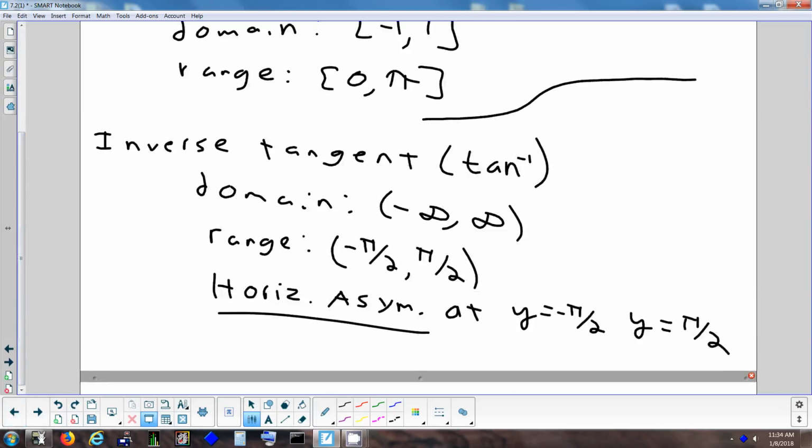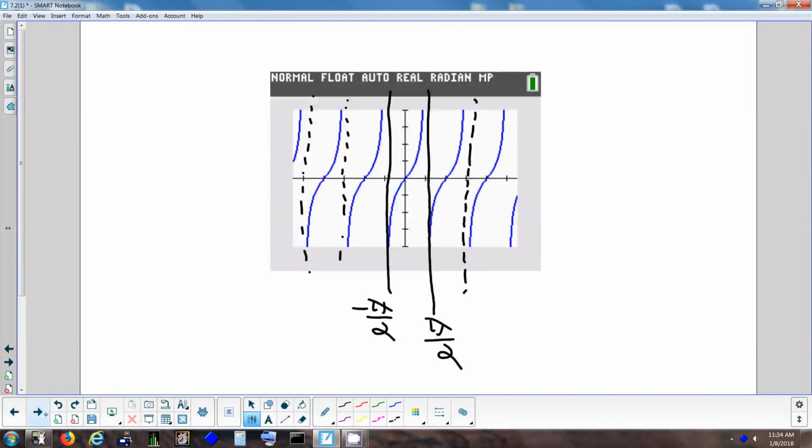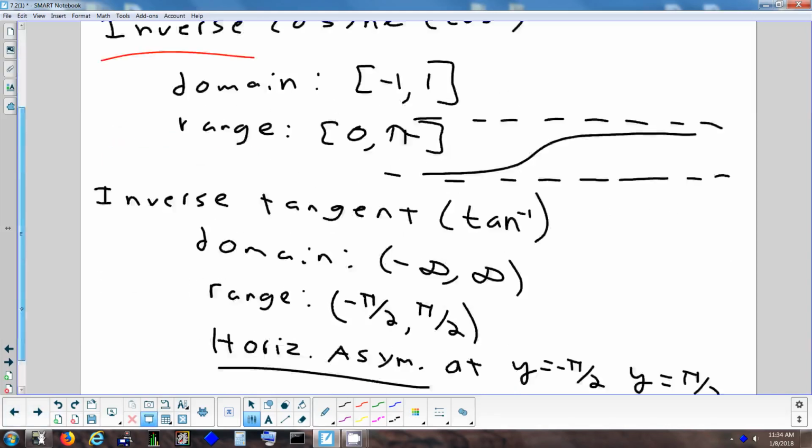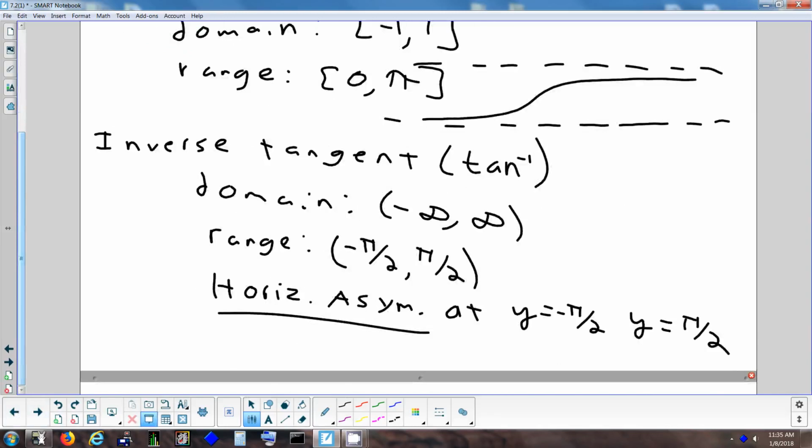Instead of going up and down forever, it goes left and right forever. And instead of being trapped between two vertical dotted lines, it's trapped between two horizontal dotted lines. That's kind of what it looks like. Okay, so that's the big idea with inverses. The domain becomes the range becomes the domain. Switch places.